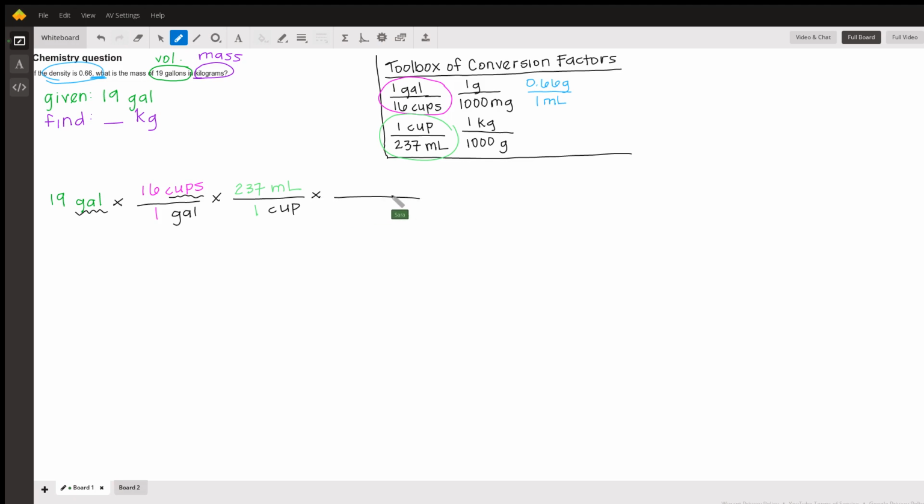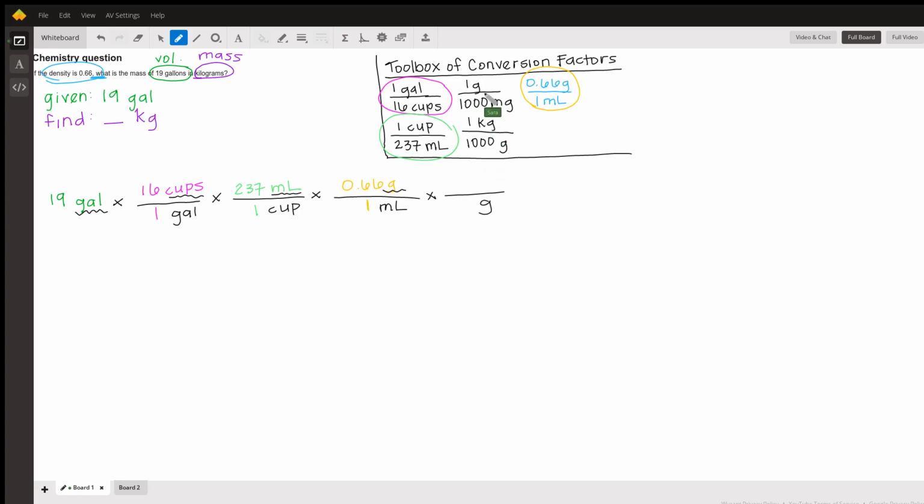So then again, as always, whatever was right here, those units come down. And then I need to find the one that has milliliters in it. So that is my density. So 1 milliliter is 0.66 grams. And now my unit here is grams, so grams comes down.